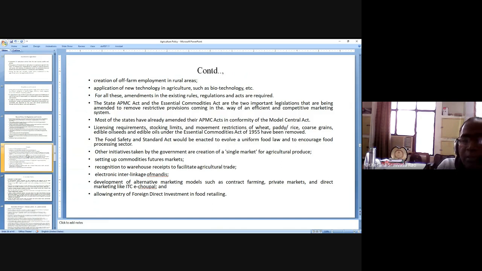We can see, for example, in Karnataka and some other states, they are trying to follow these things and achieving good results, because whenever marketing is effective, the farmers will also be very happy from the production point of view for all types of agriculture products. And next slide.